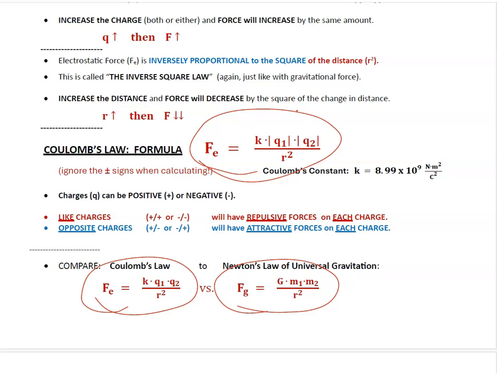In particular, I want you to notice that both forces are inversely proportional to the distance squared. In other words, both forces obey the inverse square law. But one thing you should note is that while electrostatic force can be either attractive or repulsive, so far we believe that gravitational force can only be attractive.